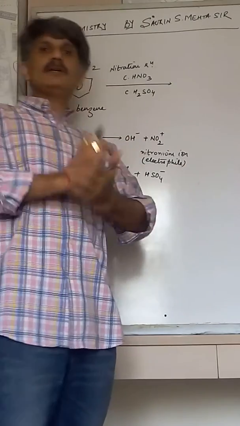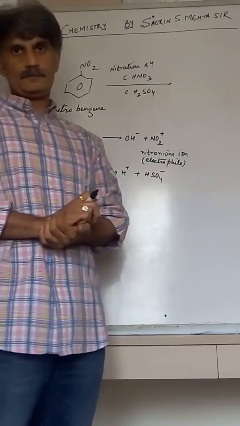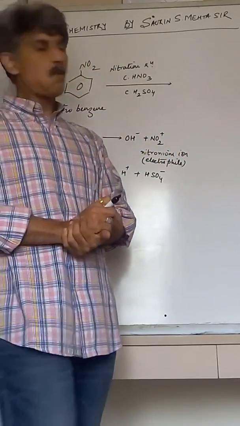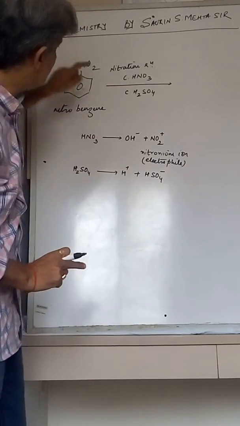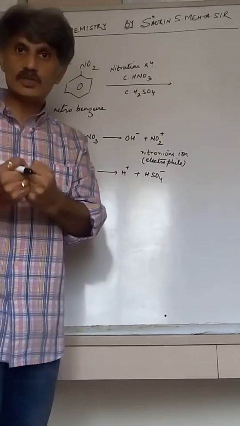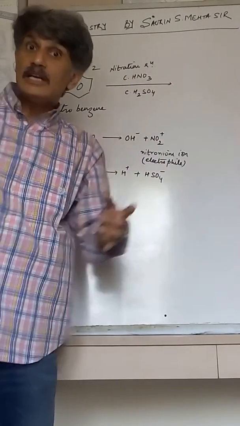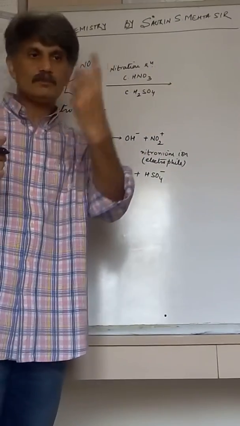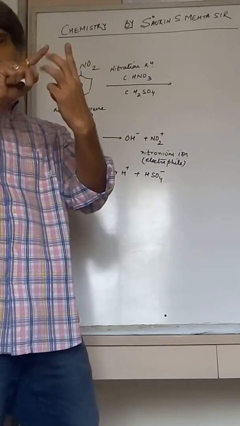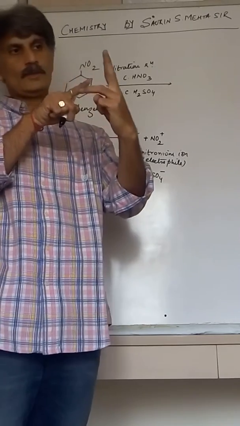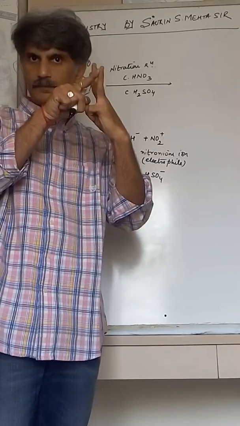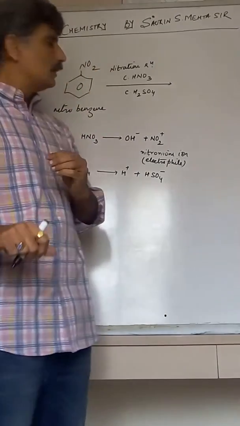See, whenever the incoming group enters the compound, it is always the existing group which has got the tendency to direct the incoming group on. There are 3 possibilities of the positions, as you know. One is known as ortho, one is known as meta, one is known as para. P-A-R-A, para. What is ortho?